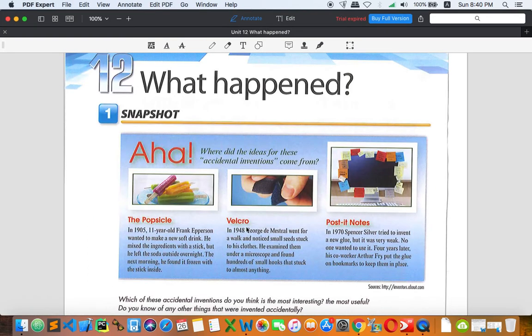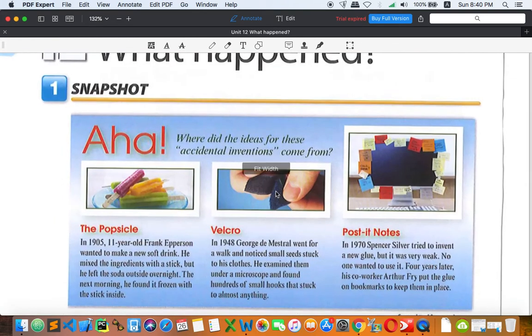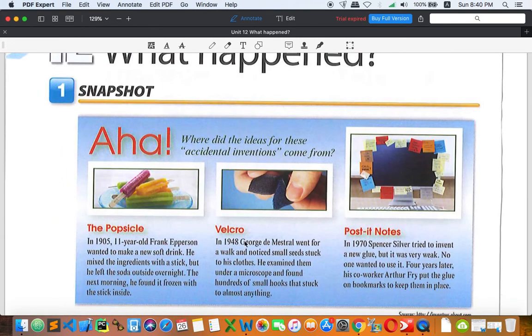Velcro. You probably don't know what it is, but take a look at this, you might know. In 1948, George de Mestral went for a walk and noticed small seeds stuck to his clothes. He examined them under a microscope.